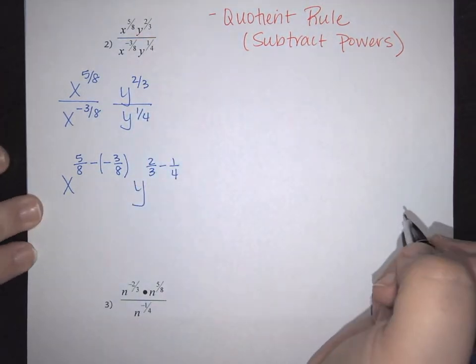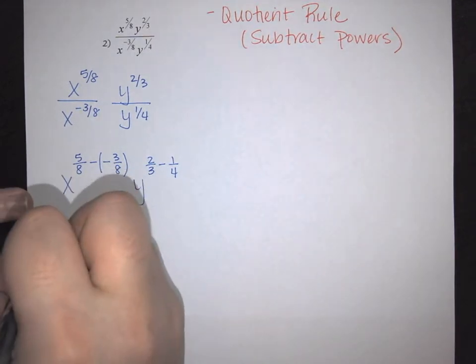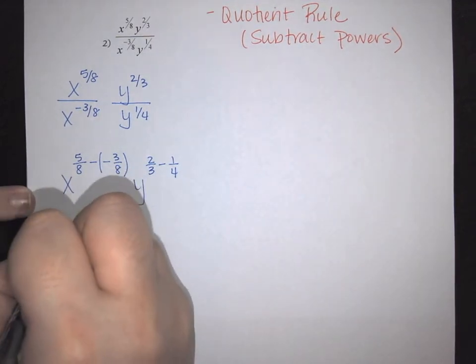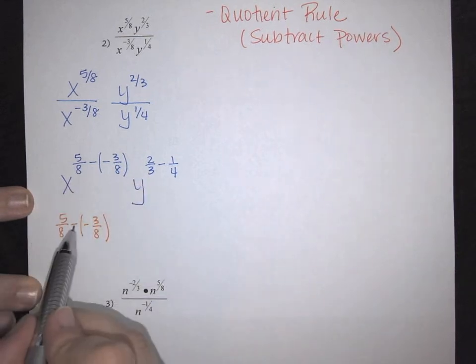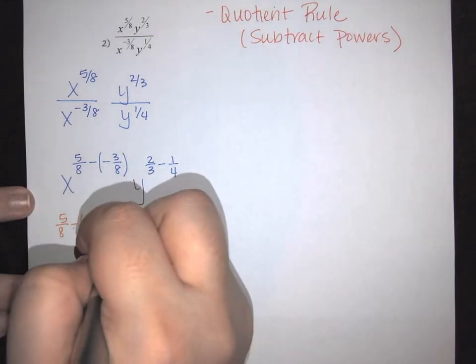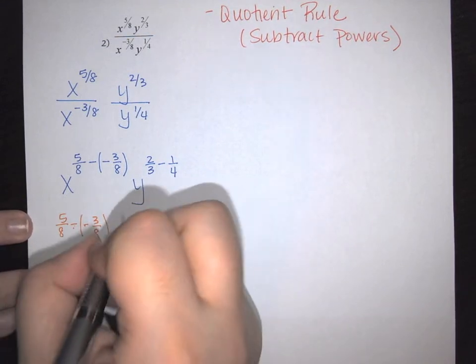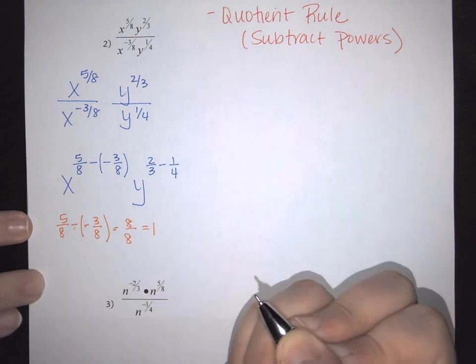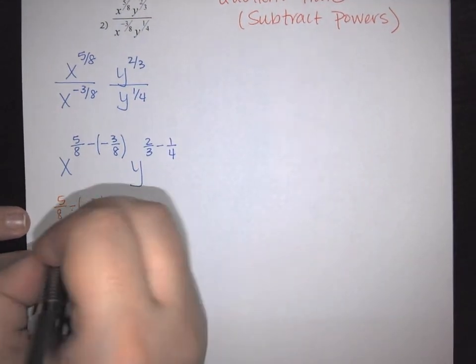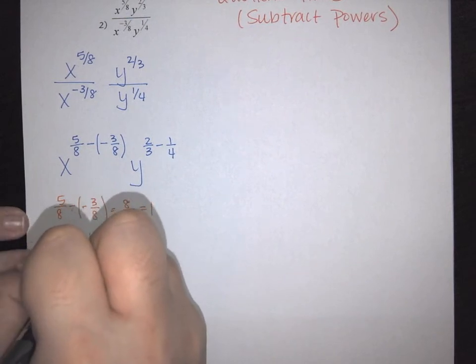So I'm going to actually do the math here. I have 5/8 minus the negative 3/8. Negative and negative becomes positive. So in this case, we end up with 8 over 8, which gives me 1. And then we need to do the other. So I have 2/3 minus 1/4.